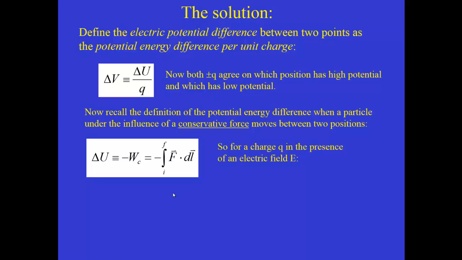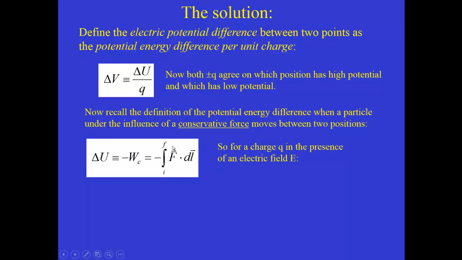One of the interesting things about this quantity, if we have a conservative force and we can define this potential energy difference, is that it only depends on the initial and the final position, and not the specific path that takes us from one to the other.